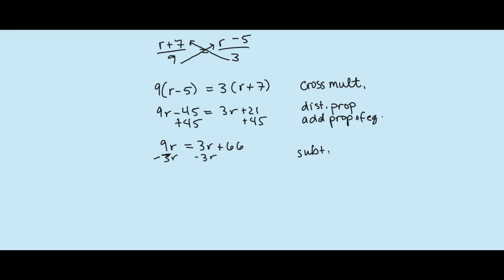Subtraction property of equality. It's going to give me 6r equals 66. Then I'm going to divide by my coefficient with the division property of equality, and I'm going to get r equals 11.